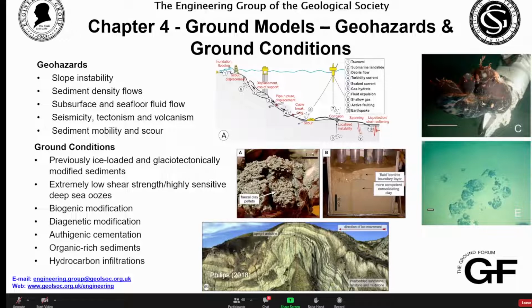The influence of diagenetic modification, the infiltration of hydrocarbons and light gases in the sediment that can change their physical properties. So all these aspects are going to be covered, and we have lots of nice examples of what these sorts of things look like at the seafloor, what they look like in core, and also what their geotechnical response is. Next slide, please, Chris.